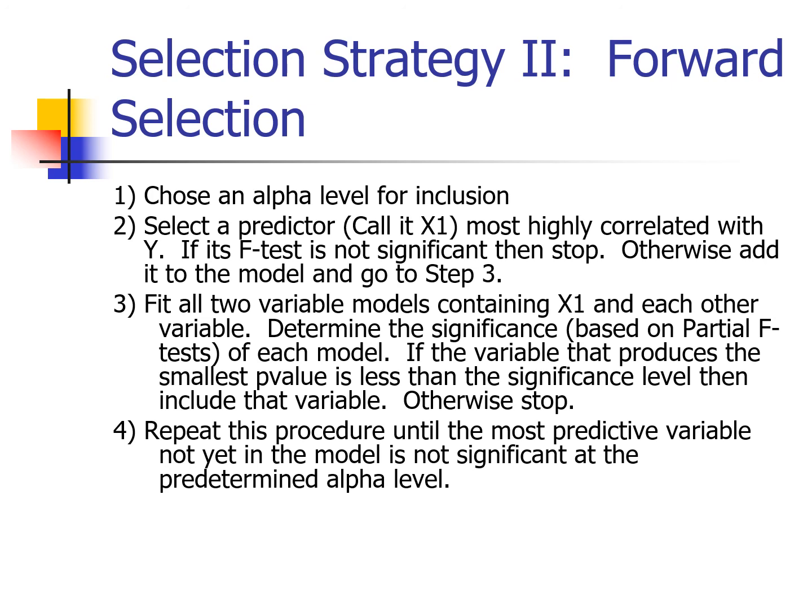We're essentially finding which of all the remaining variables adds the most above and beyond x1. If that variable is significant, add it to our model. Then we look at all three variable models. Of all the remaining variables, which one adds the most above and beyond x1 and x2? Put that in our model, and we just keep going. We keep adding variables, this forward building process, until none of the remaining variables are significant.